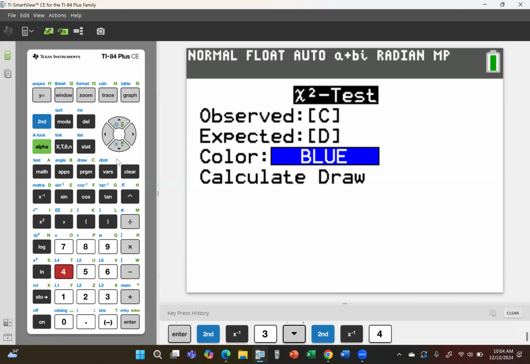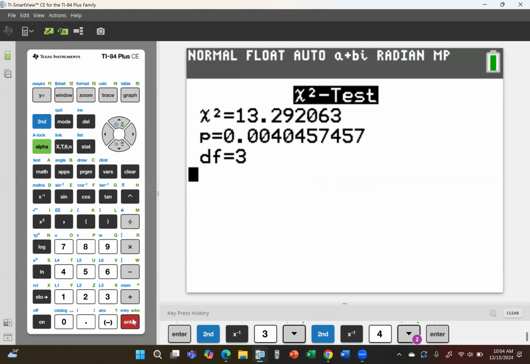Does that look good? So let's calculate. Okay, so the chi-squared statistic that we calculated, and how many decimal places are they telling me? 3 decimal places is 13.292 with a p-value to 4 decimal places of 0.0040. So let's go input that.